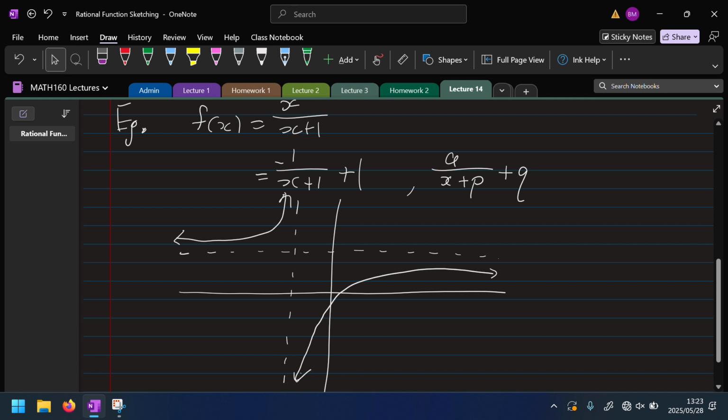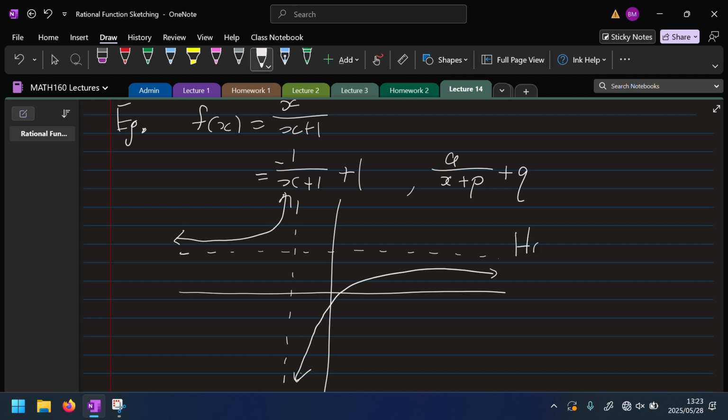Well, that is what happens when we take the limit as x goes to plus or minus infinity. When x goes to plus infinity, we see the hyperbola getting closer and closer to that asymptote. Then on the other side, when x goes to minus infinity, again, we see the hyperbola approaching the asymptote line. So that horizontal line is whatever happens to the function when x goes to plus or minus infinity.